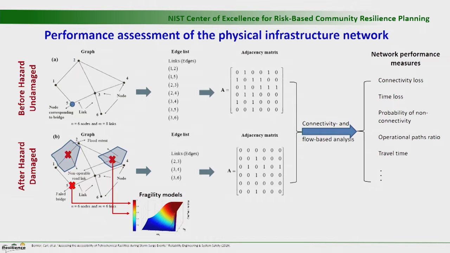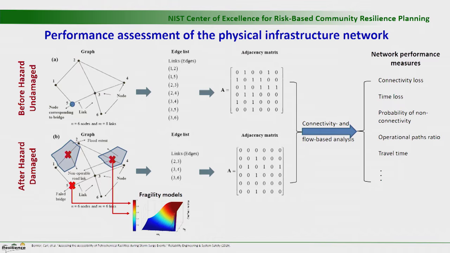We assess pre-event performance as well as post-event performance of that infrastructure, leveraging, for example, some of those fragility functions for looking at damage of key components, and then assessing how that functionality evolves in time after the event. With these mathematical depictions of our infrastructure systems, we conduct either connectivity-based or flow-based analyses to look at various infrastructure performance metrics.